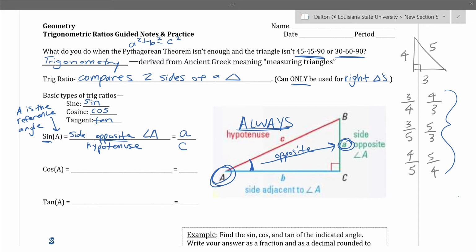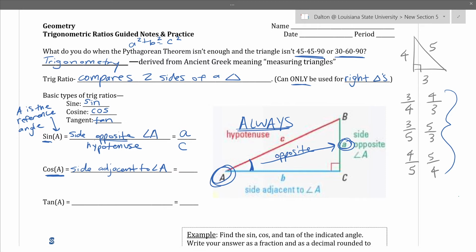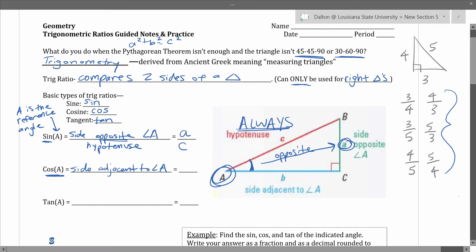Next, we have the cosine of angle A. By definition, it compares the side adjacent to angle A. Now, if you remember, we've used the word adjacent before when we talk about angles. So the word adjacent means next to or touching. So from angle A, we can say, okay, what side is touching angle A?